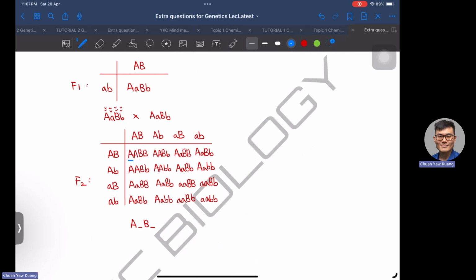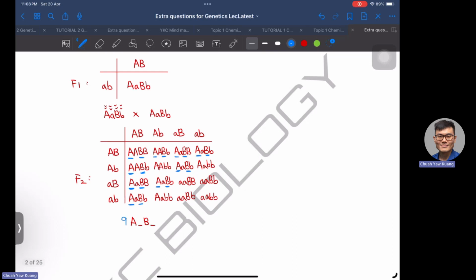One big A, one big B, this is one. This is two. This is number three. This is number four. Then number five, six, seven, eight, nine. So in total there are nine individuals in the F2 generation that have at least one big A and one big B.